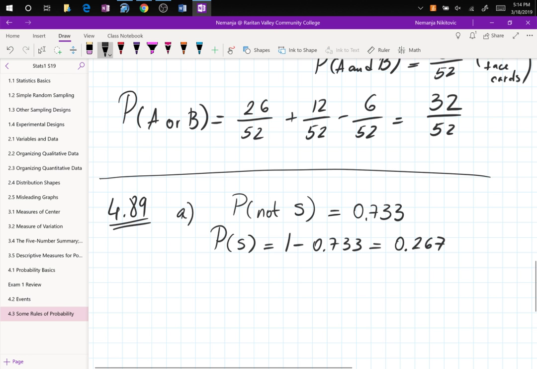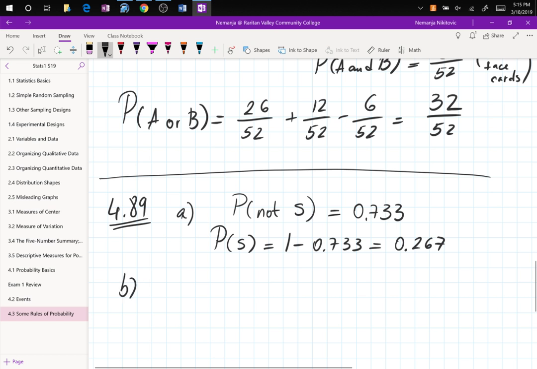So, at least 1 cigarette is right here, and all of these. Or you can just add these 5 numbers on the calculator. So you can use the complementation rule to say, okay, how many smoked less than 1 cigarette? It's this much, and then 1 minus that. Or you can add these 5 and get the same value. Now, I like the complementation rule because it's faster, for lazy people.